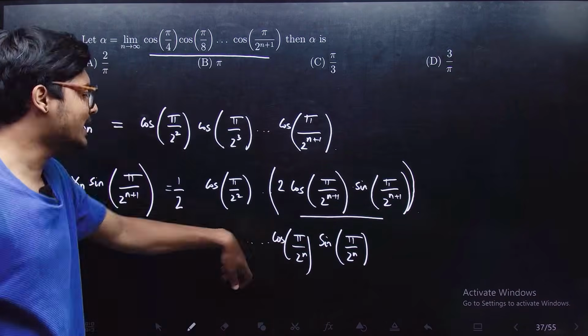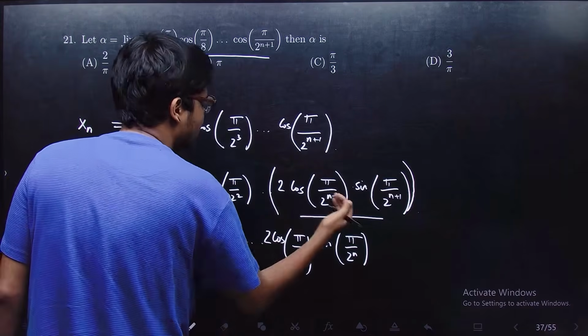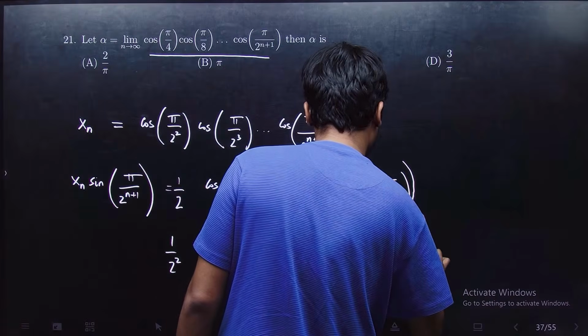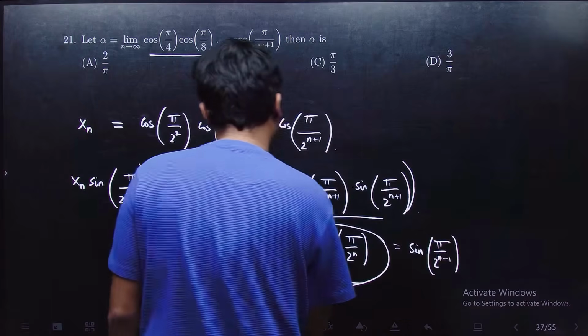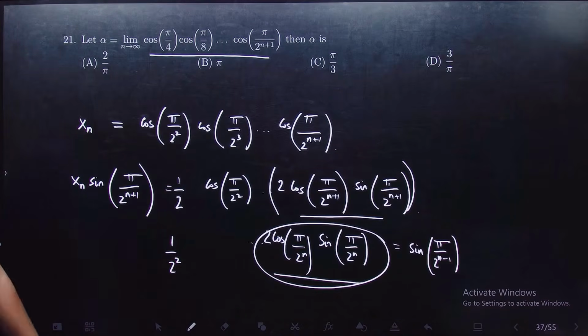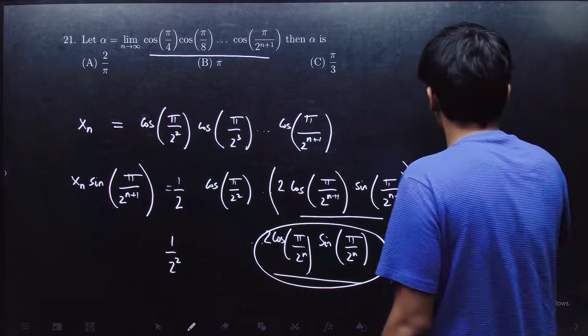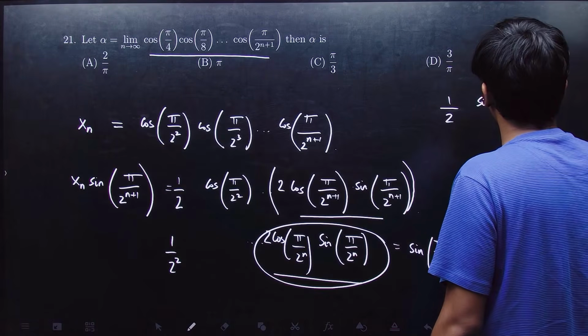So once again, if I multiply and divide by 2, this is going to be 1 by 2 square times twice of this. So again, this will turn into just sine of pi by 2 power n minus 1. And if I keep on doing this, in the end, what will I be left with? I can go all the way till sine of pi by 2. In the end, it will be some power of 2, we'll figure out what the power is. You'll be left with ultimately sine of pi by 2.